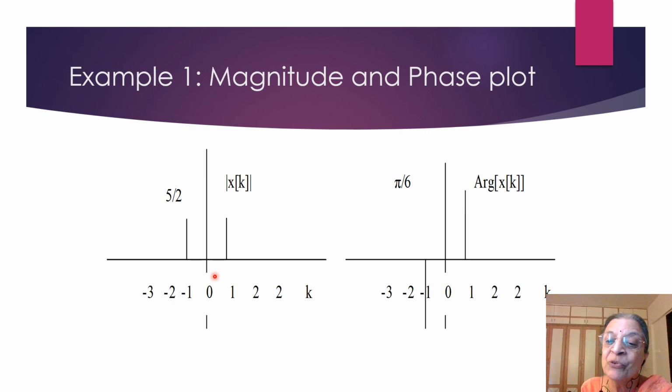The exponential term e raised to j theta is equal to cos theta plus j sin theta, or we can write cos of theta is equal to e raised to j theta plus e raised to minus j theta, divided by 2. That e raised to minus j theta is giving rise to this term. So only because we are using exponential terms, we are getting these negative frequencies.